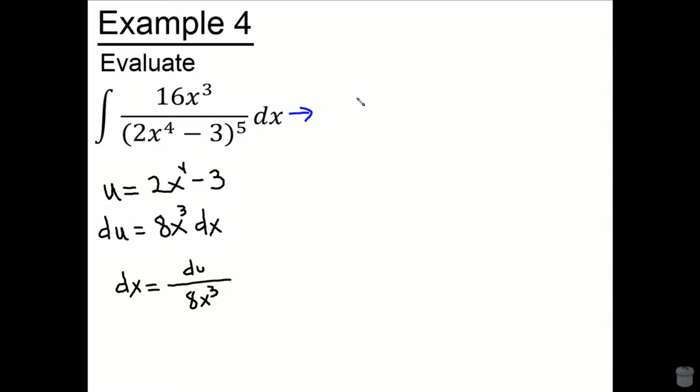From here, substitute in our values. We have 16x cubed over 2x to the 4th minus 3 gets replaced with u to the power of 5. dx gets replaced with du over 8x cubed.